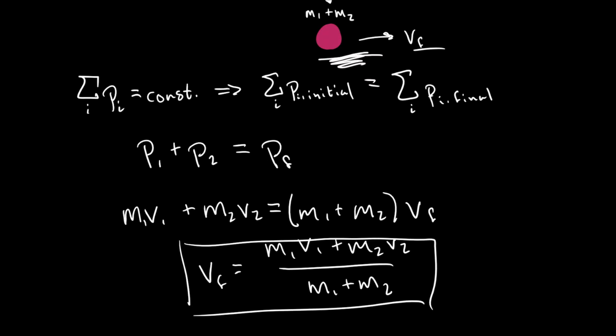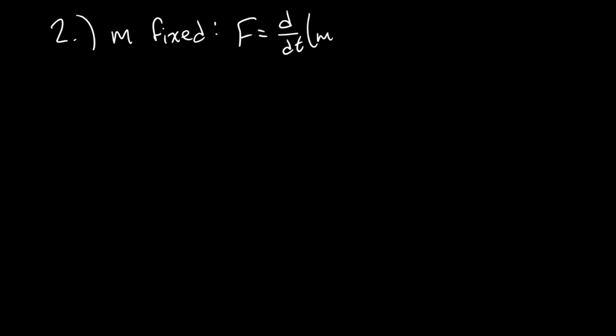Okay, so now let's talk a bit about Newton's second law. So the second law basically says if m is fixed, then F equals d dt of mv, which I can pull the m out of the derivative, m dv dt, and dv dt is equal to the acceleration.